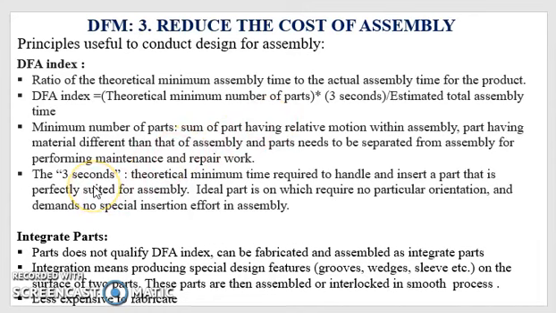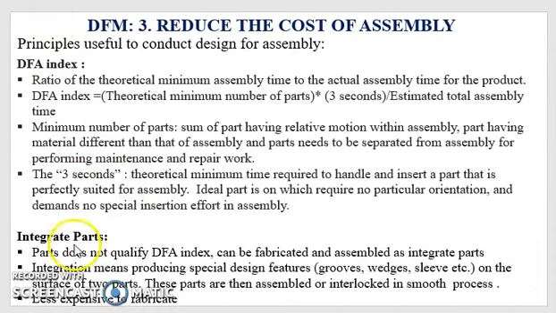The 3 seconds in the numerator reflect the theoretical minimum time required to handle and insert a part that is perfectly suited for assembly. An ideal part is one which requires no particular orientation or demands no special insertion effort into the assembly.